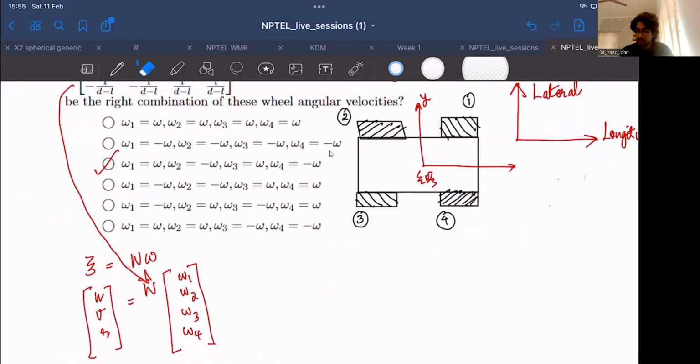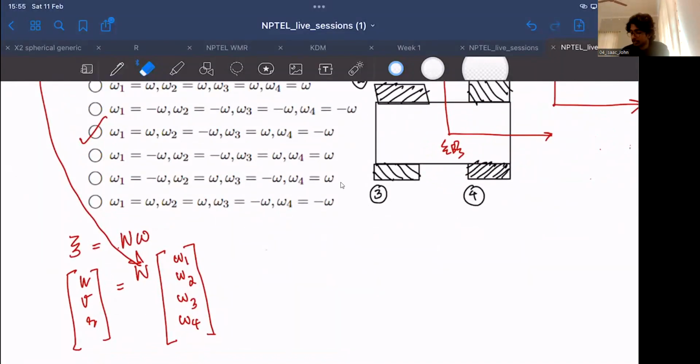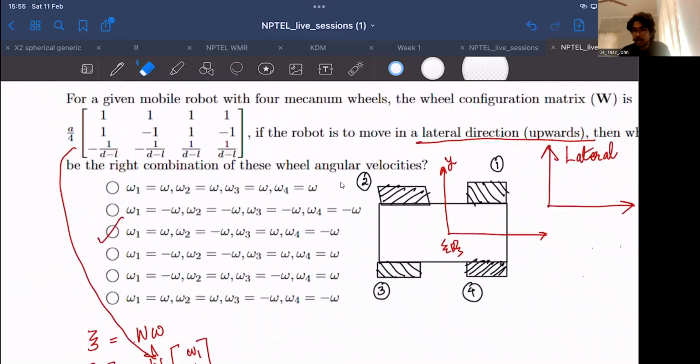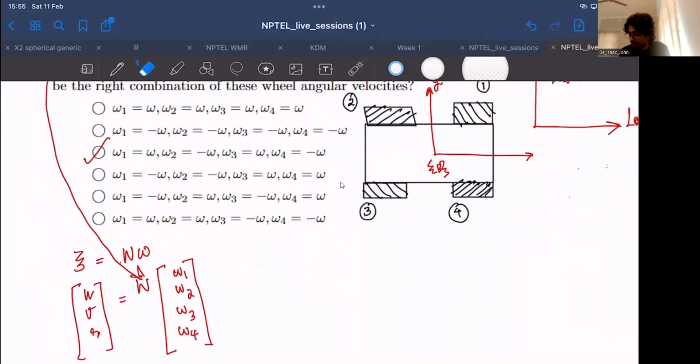We are required to find out the right combination of wheel angular velocities if the wheel transformation matrix is given. As per the question, the robot should move in lateral direction upwards. So how would this zeta vector, the robot velocity vector, look like?